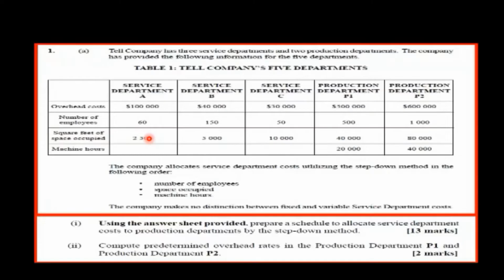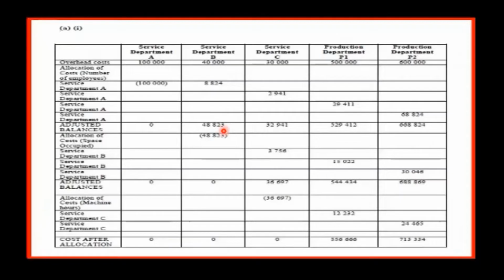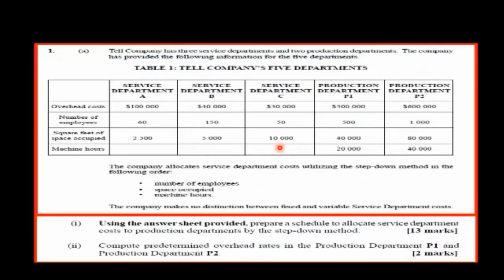This 48,824 would be eliminated, and what we'll do is add these here: 80, 40, and 10.